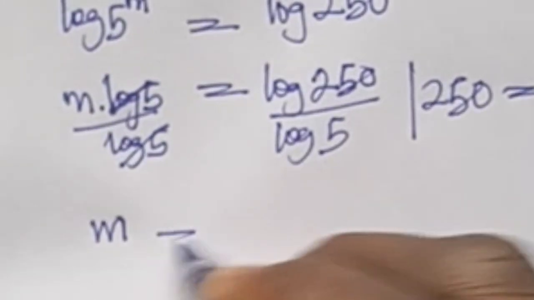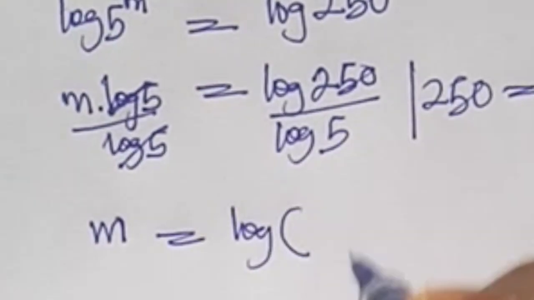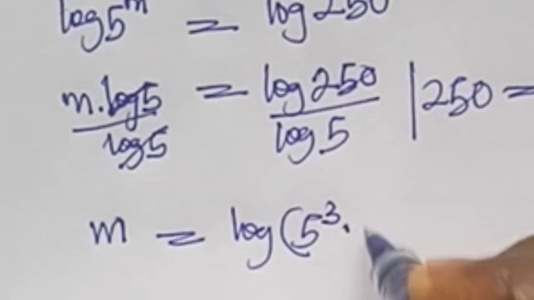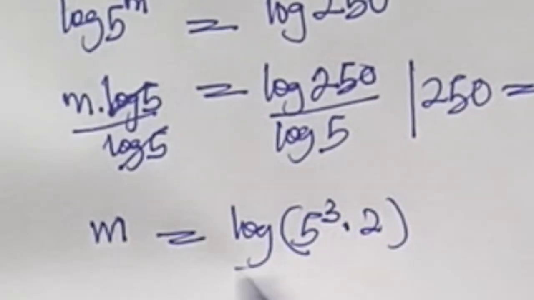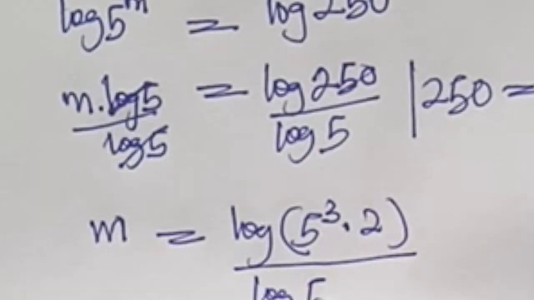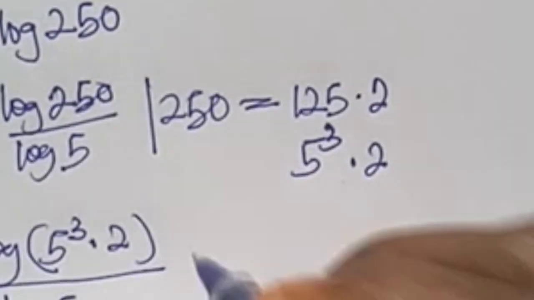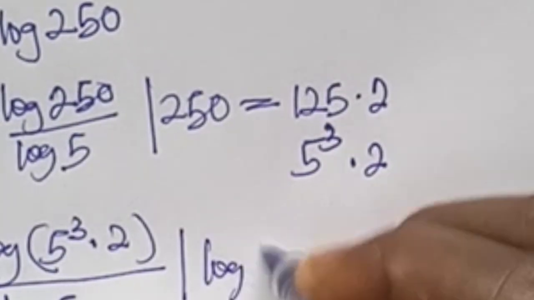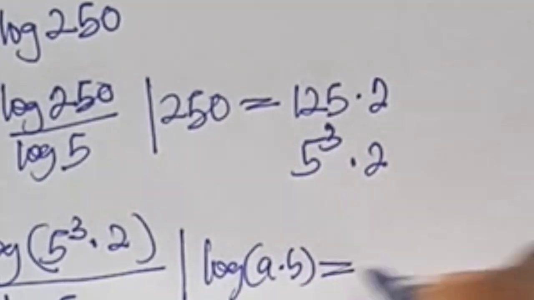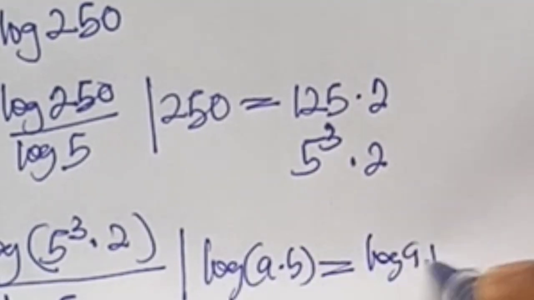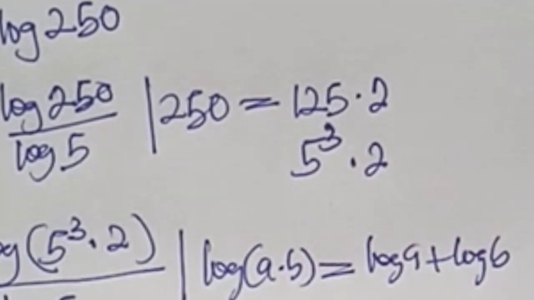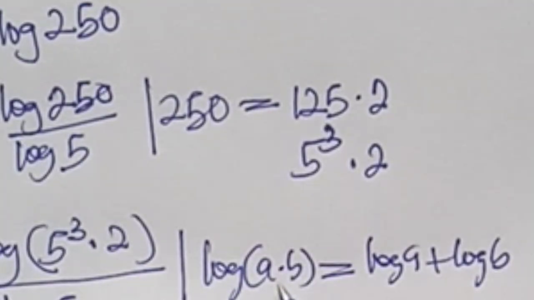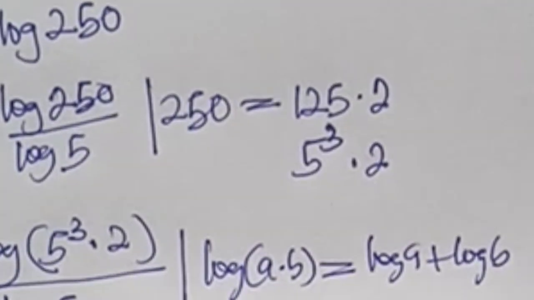So that m will be equal to log of 5 to the power of 3 times 2, for 250, all over log 5. Again, log of a times b is represented as log a plus log b. This is the form of this, so we're going to apply this here.